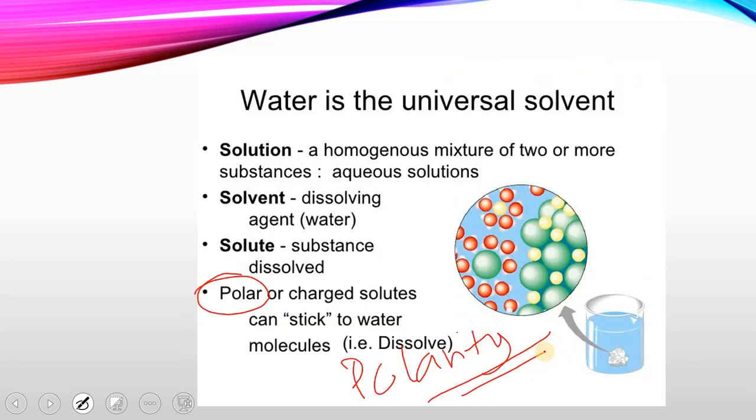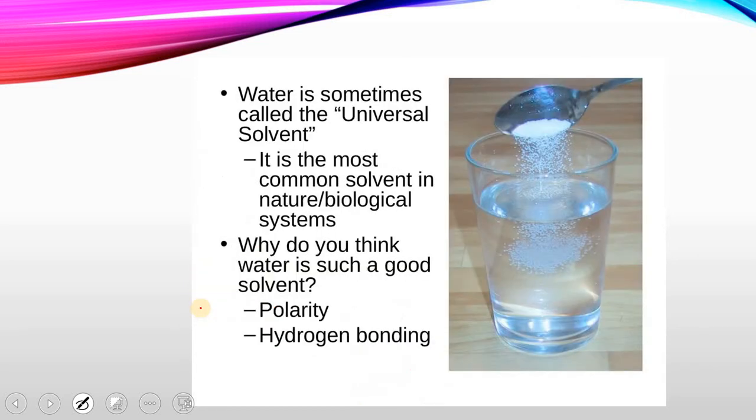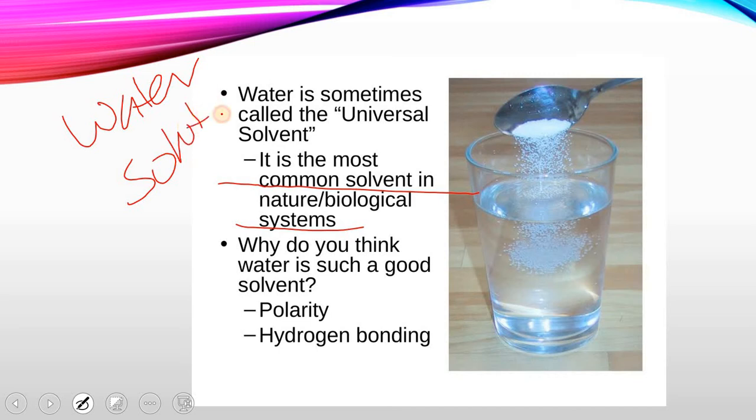Other than the polarity of the water, water is also called universal solvent because, compared to common solvents, it dissolves more solute. So water is able to dissolve more types of solutes, for example salt, sugar and any other kind of solute, compared to the other solvent.